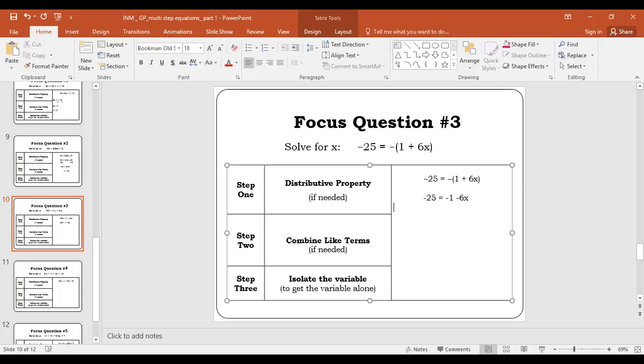So now I'm confident I got the signs right. So now I need to add 1 to both sides. Which leaves me now with -24 equals -6x.